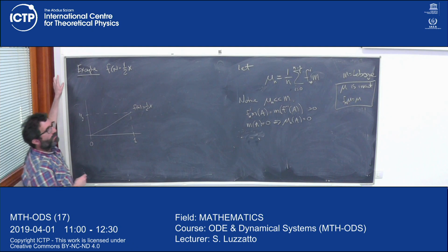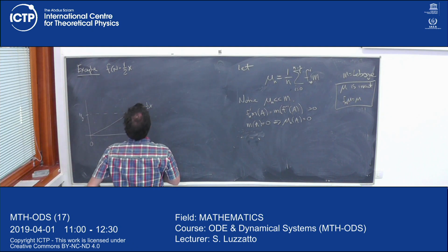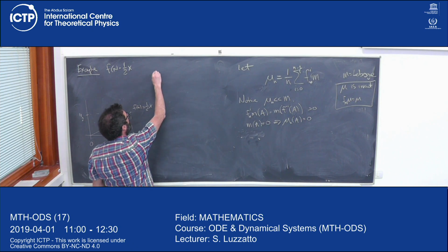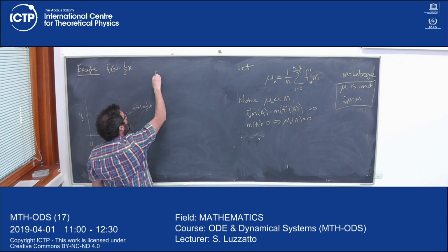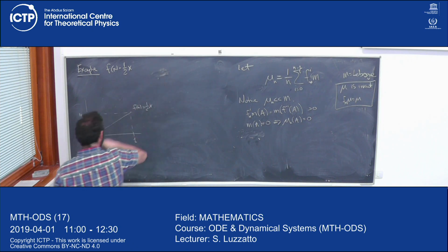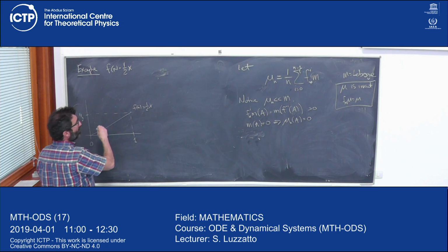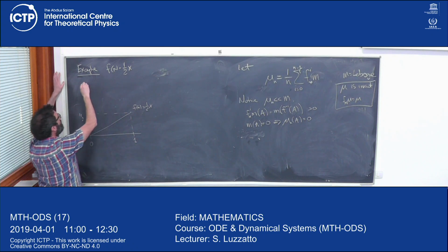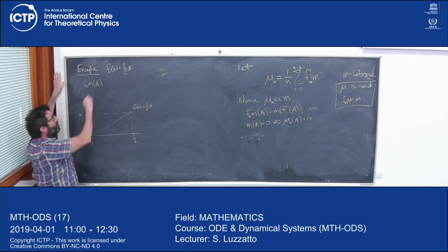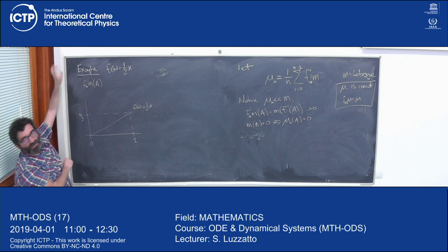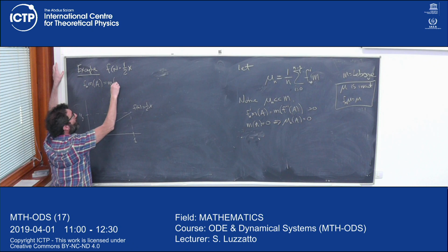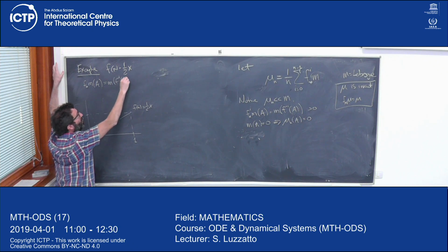Okay, so let's look at these measures. So what does f star of m look like? This is a measure, f star of m. Okay, f star of m is by definition the measure of f minus 1 of A.